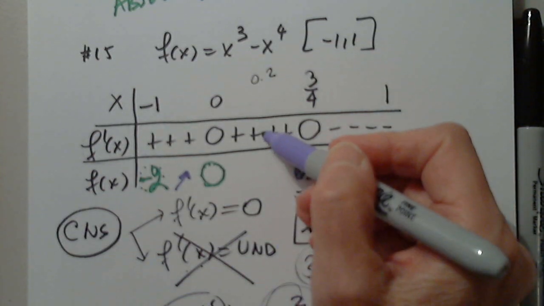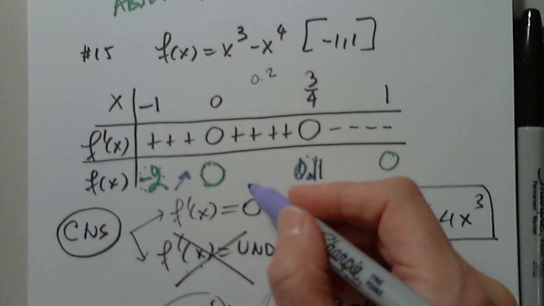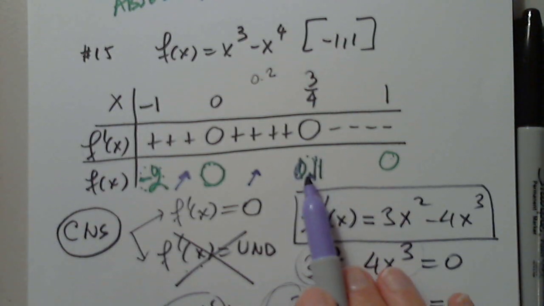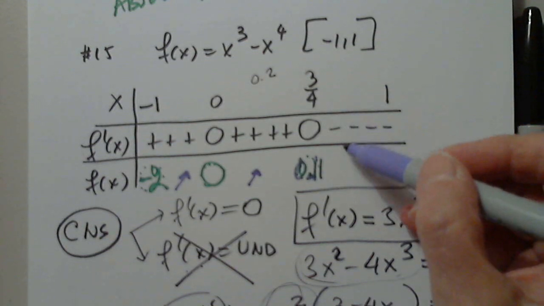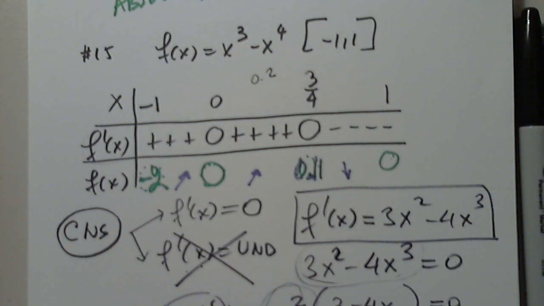Increases. Perfect. Is that supported by the sign of the first derivative? Yes. And then from 0.11 back to 0, what does the function do? Decreases. Yes, and it's supported by the sign of the first derivative.